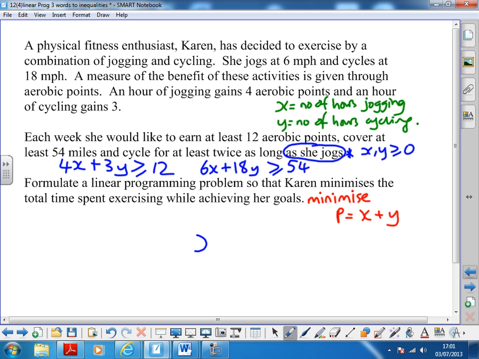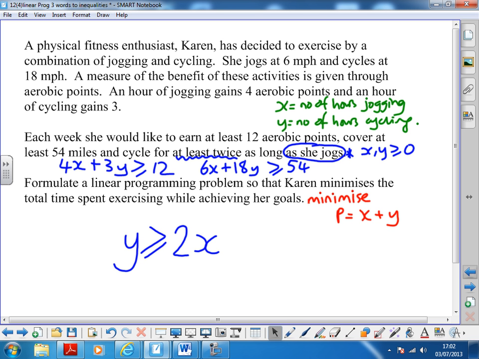We take the jogging as the focus, we double it, and we're going to compare the cycling to that. She's got to cycle at least twice as much. Could be more, but at the very least twice as much. So that's the way around it goes. Y is bigger than or equal to 2x, which is kind of the hardest thing. It really is the hardest thing.